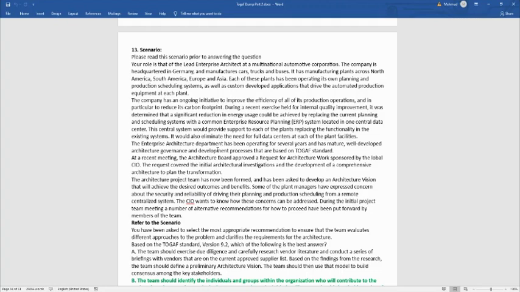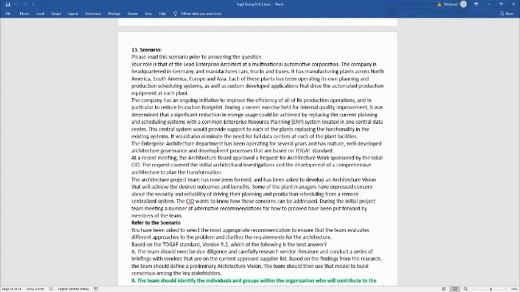So the company is going to develop an ERP system located in a central data center. The central data system would provide software to each of the plants, replacing the functionality in the existing systems. It will also eliminate the need for a full data center at each of the plant facilities. The enterprise architecture development has been operating for several years and has a well-developed architecture governance and development process that has been TOGAF based.